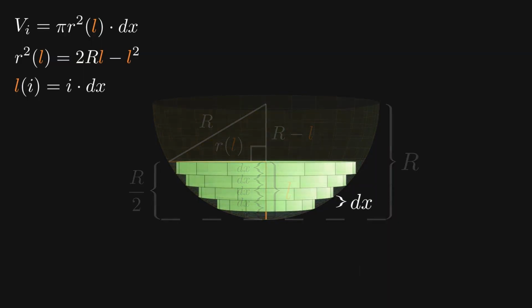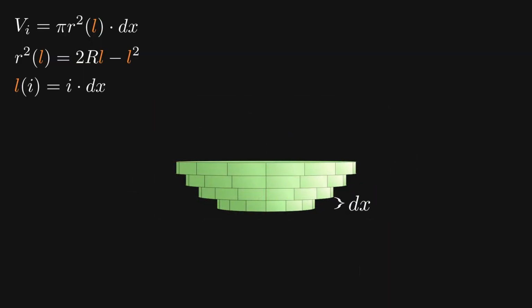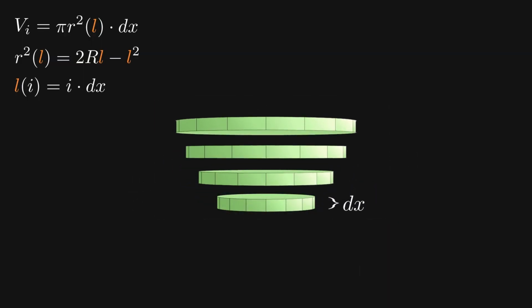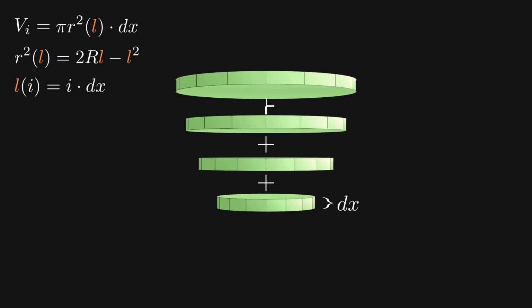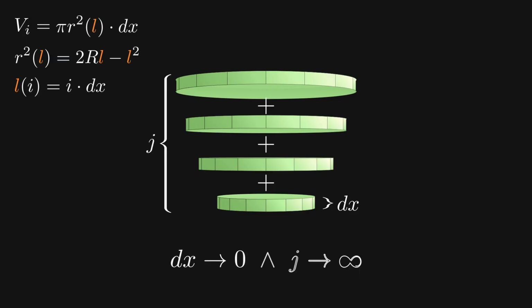Now we have all of the equations in place. We just have to remind ourselves that we're looking for an infinite amount of cylinders, and each cylinder has to be infinitely thin. And we will arrive at our volume of water.